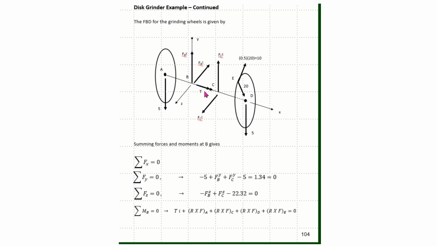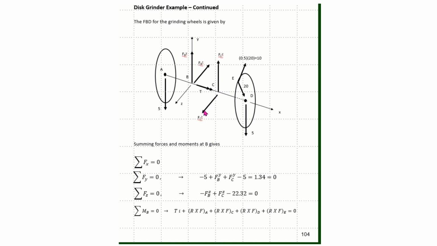So now I'm going to come to my bearing at B, and I'm going to assume that there will be a positive vertical load counteracting this 5-pound downward load. And then I'm going to assume there's also a positive vertical load at point C counteracting this 5-pound load. Now the net force here is in the negative Z direction, so I'm going to assume the reaction here is in the plus Z direction.